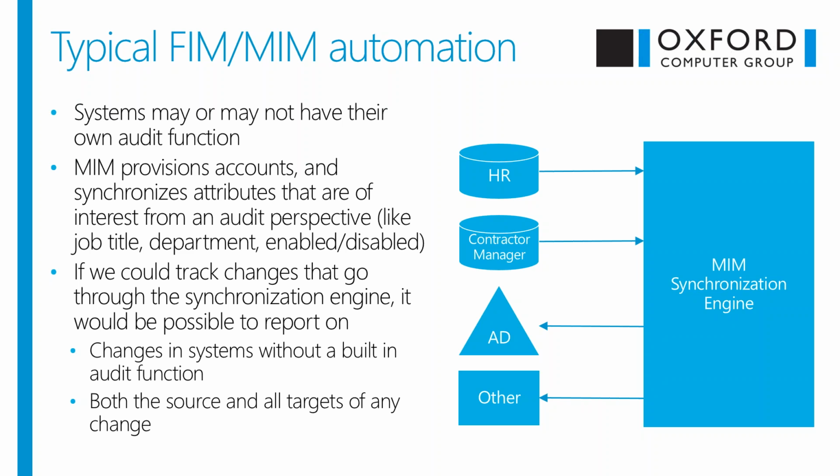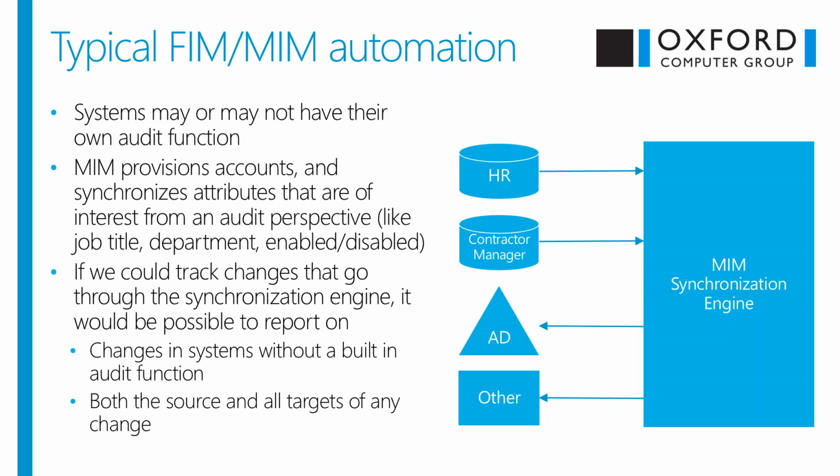So if the change happens in HR, not only can we see that the change happened in HR, we can see that the change was actually sent out to Active Directory or whatever other systems they are. In other words, in addition to the straightforward what we think is going on in those systems, it gives us a little bit of diagnostic information as well about how the data flowed through MIM.